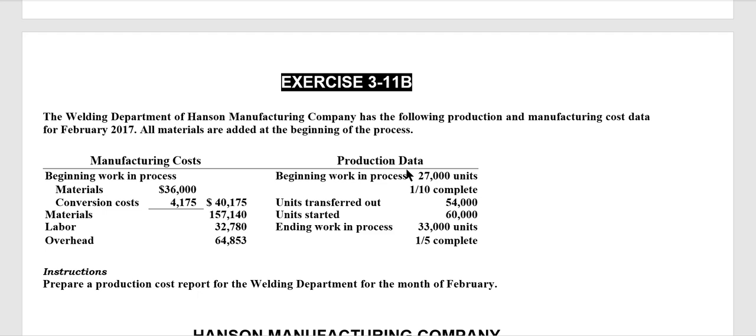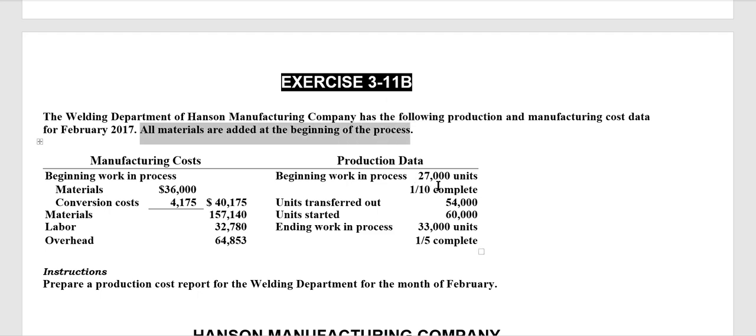The first thing you want to be focusing on will be your production data. And for the production data, we are told that the company began the period with 27,000 units that are being worked on. And those 27,000 units have all of the material added at the beginning of the process.